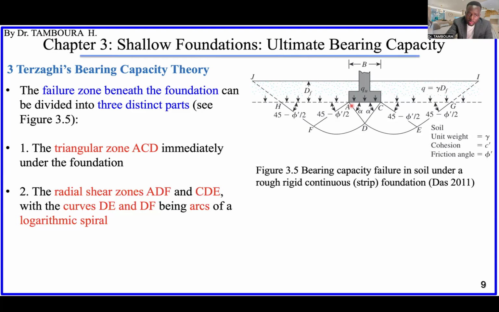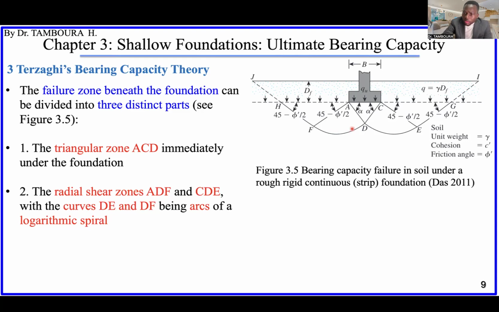The second part is these two, ADF, and it is the same here, CDE. These are the same, so we call them the second zone. We can see that this arc, the curve DE and DF, is like a logarithmic spiral.